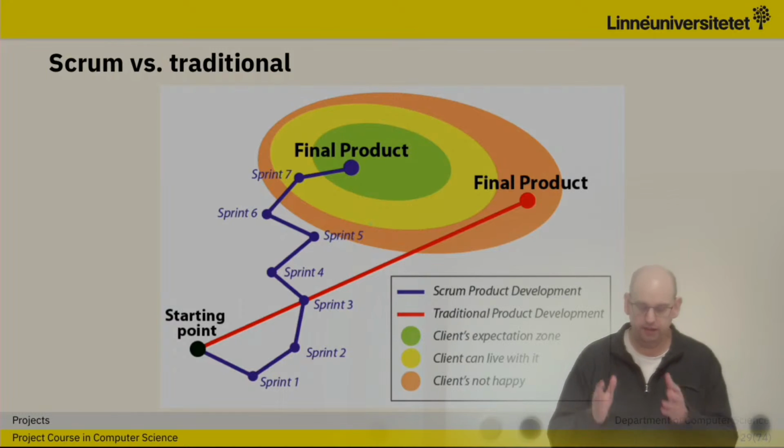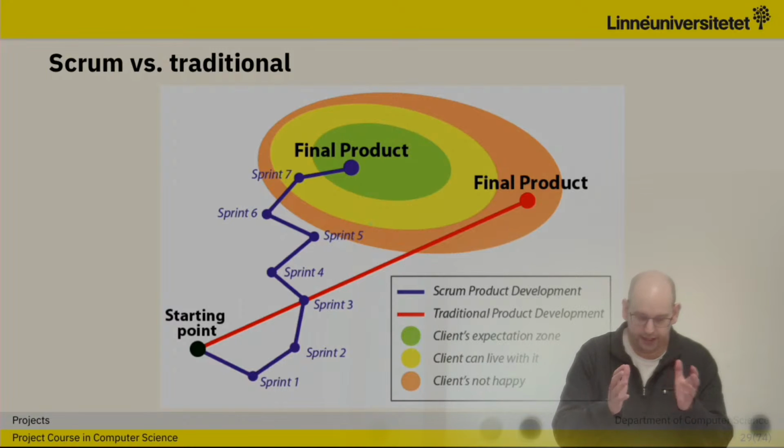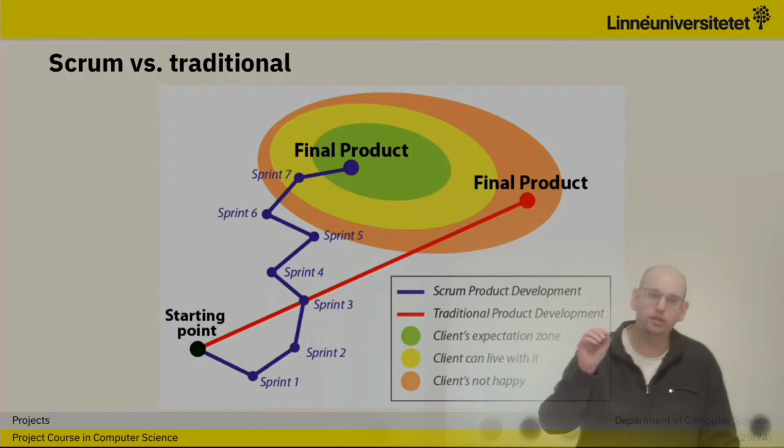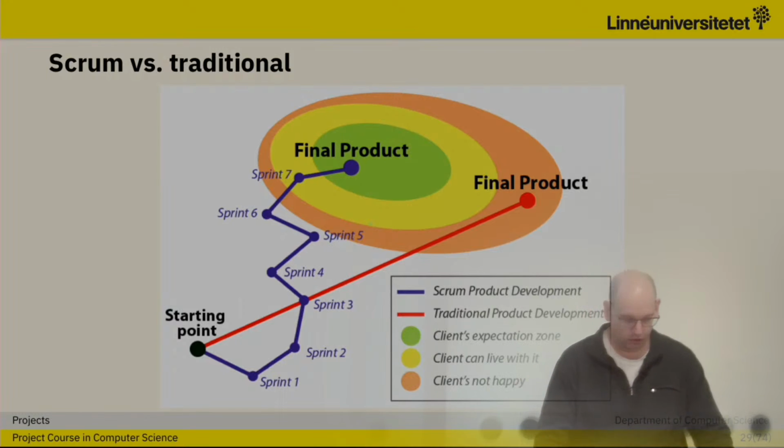And as you can see in this one, it might take a bit of time, might take a little bit of finding out what it is we want, but in the end we will come to a much better place, a much better product than with the traditional way of doing it.